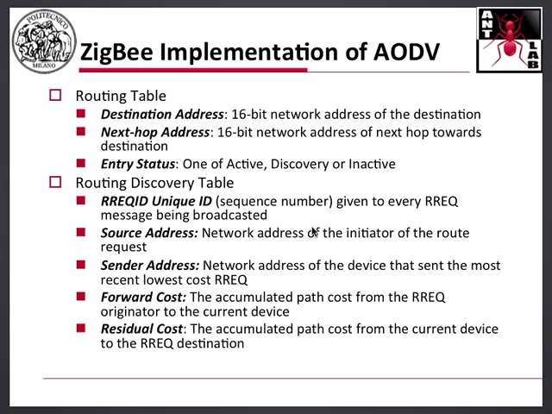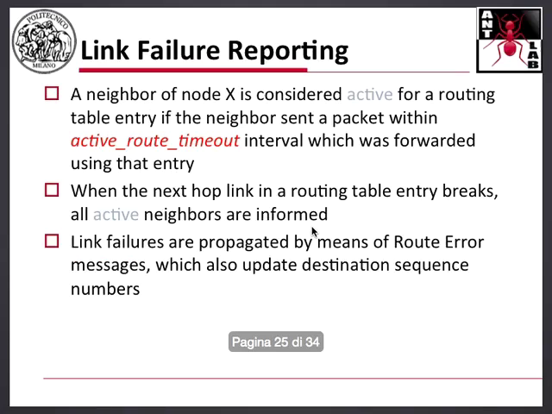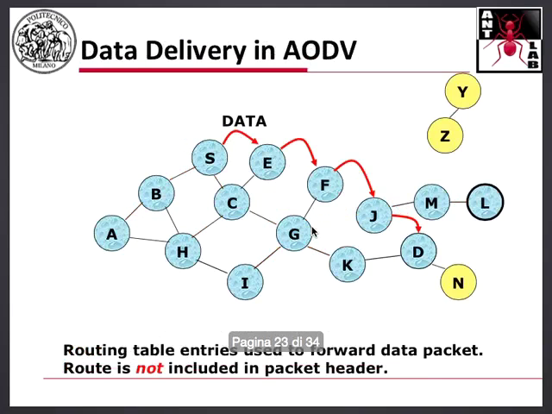Example: suppose that our metric is number of hops, and we are at node F. Node F has a forward cost of 2, because the route request reached node F through links SE and EF, and assuming the routing metric is number of hops, the forward cost is just two hops from the originator of the route request.